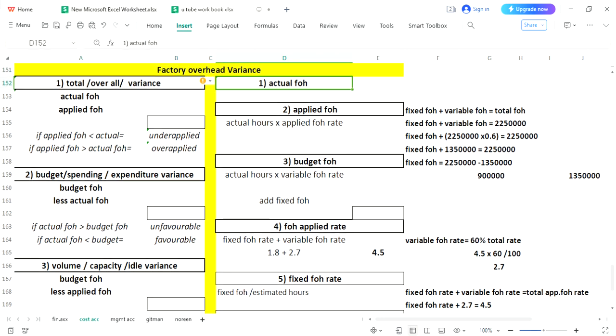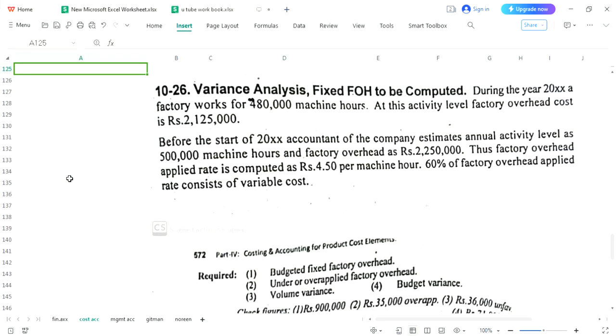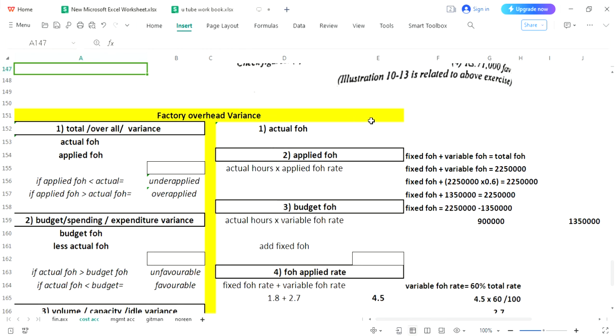So come to the first point and see how much was actual FH. In this question at the first stage, he informed us about actual hours and actual FH. Look here, these are actual hours 4,80,000 and this is actual FH. So come over here, 21 lakh 25,000 actual FH we have written.